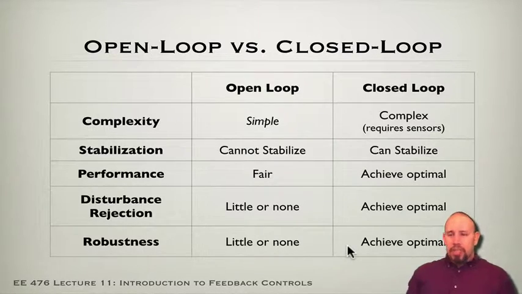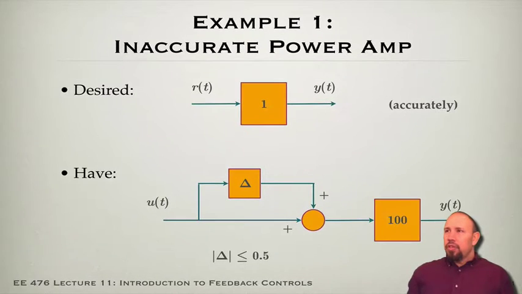Well, let's look at a couple of examples of this using feedback control. So here is our system. Rather, this is what we desire. Our input gets multiplied by a gain of 1 and gives the output. That is, it basically does a perfect unit conversion. For example, this input to the system might be voltage and the output might be position.